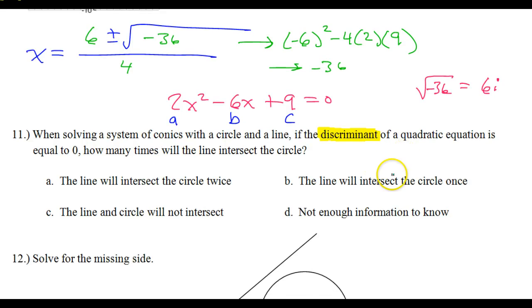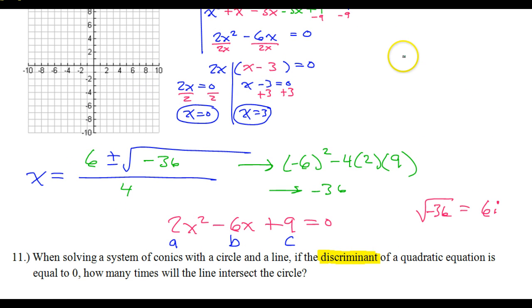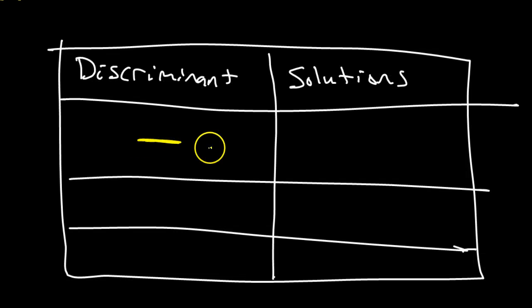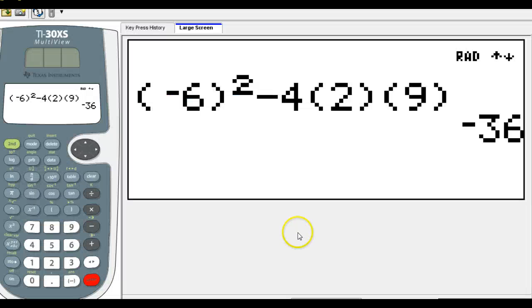So maybe I'll make a little scale here. If my discriminant is negative, then we get no solution. At least no real solution.